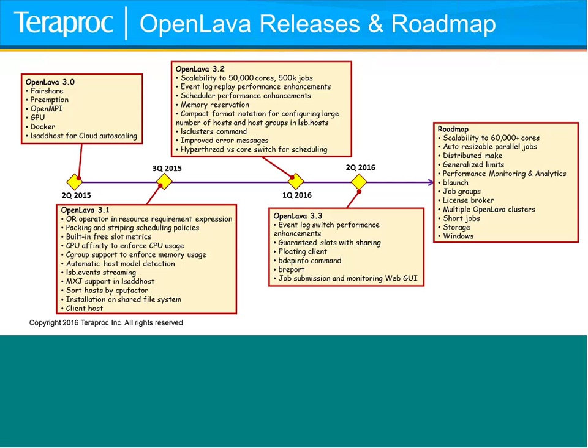It was just last April or so that we released 3.0. So a lot of the things I talked about earlier are fairly recent: the fair share, the preemption, the GPU support, and enhancements to enable running efficiently on Amazon. They were just delivered last year, around April.